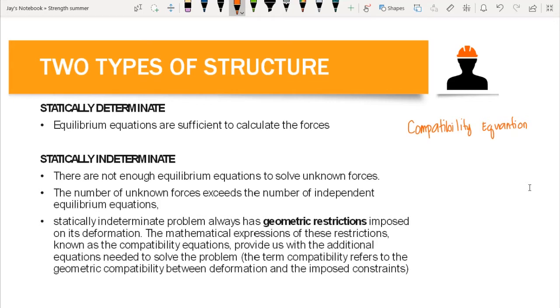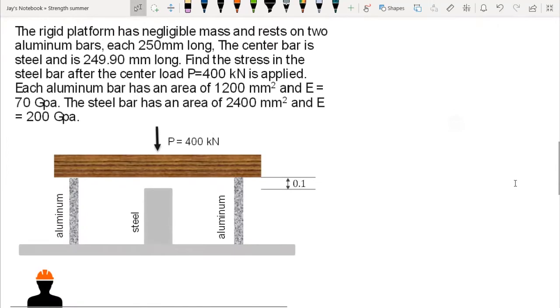So let's try to compute a problem. I have here the first problem, an indeterminate structure. We have a rigid platform with negligible mass that rests on two aluminum bars, 250 millimeter long each, and a center bar that is steel and is 249.9 millimeter long.